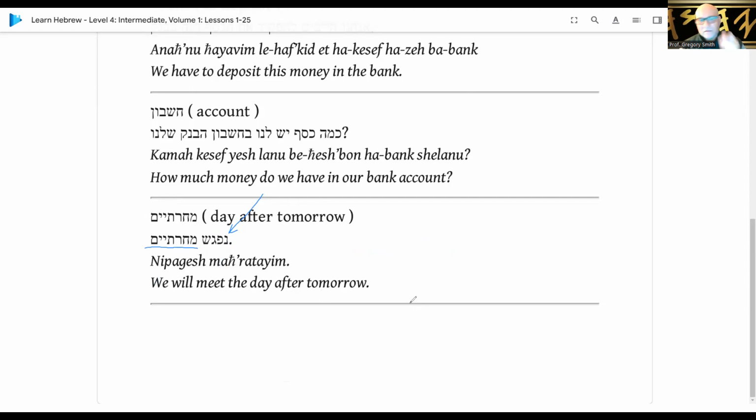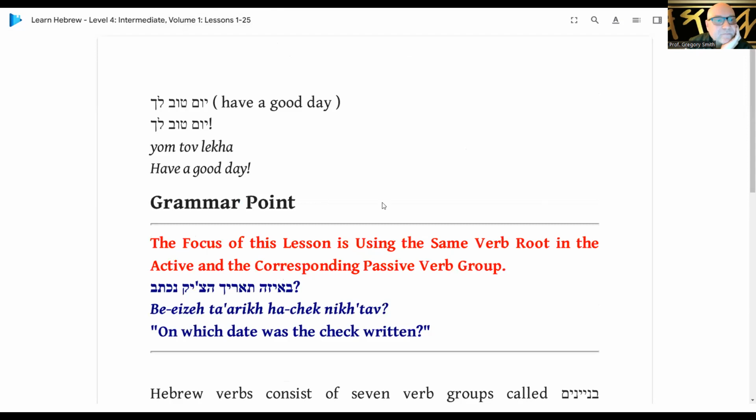All right, so now we have Yom Tov Lecha. It's like day good to you. Yom Tov Lecha, day good to you. That's literally what that says. So it's like, have a good day, essentially.